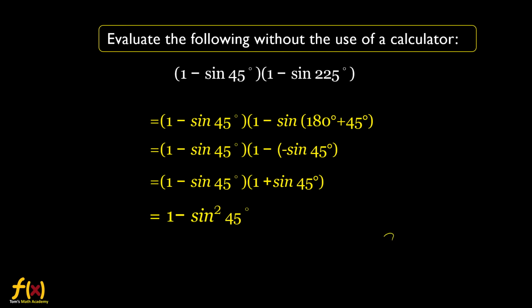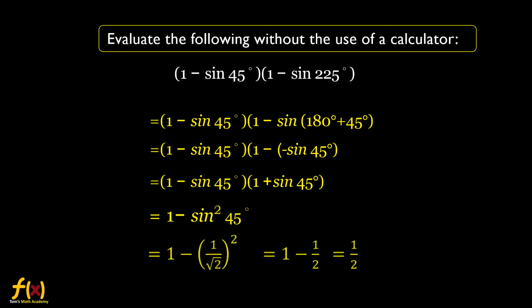A minus b times a plus b is equal to a squared minus b squared, just for revising. Here you have 1 and sine 45, but look at the sign in between, minus and plus. So you get 1 minus sine squared 45.